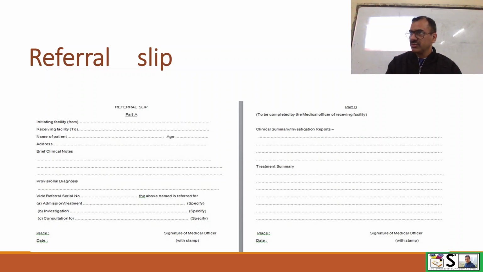with stamp. So this slip, part A, is filled by the referring facility, and part B is left blank. Now the receiving doctor will give treatment, and when he sends back the client, he will fill part B. Here he will write a clinical summary of the investigation done, what treatment is given, and then signature and stamp.